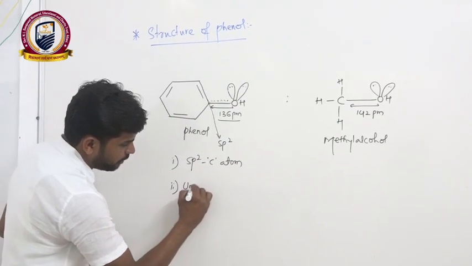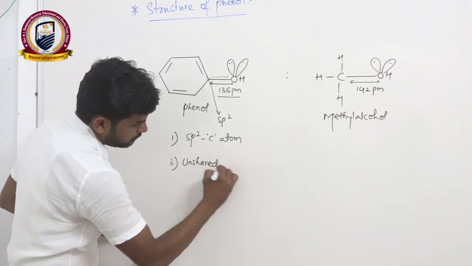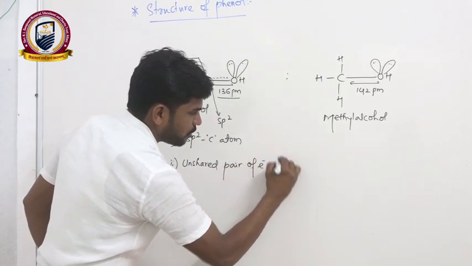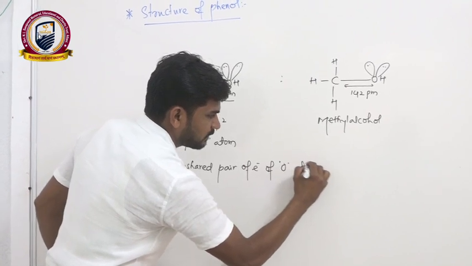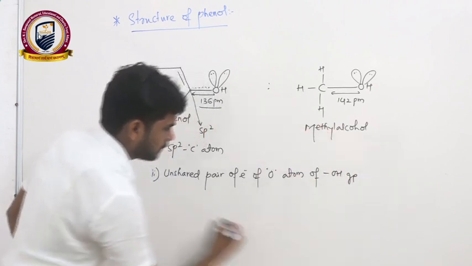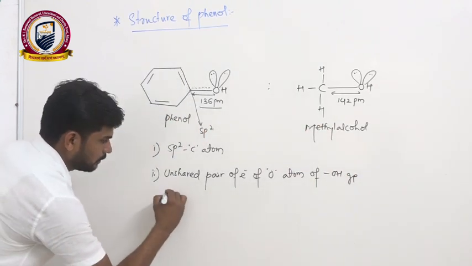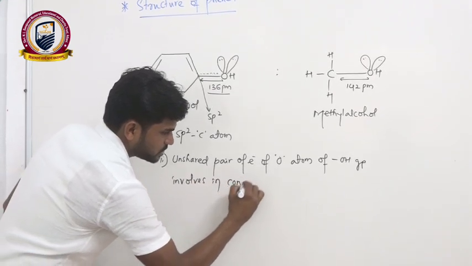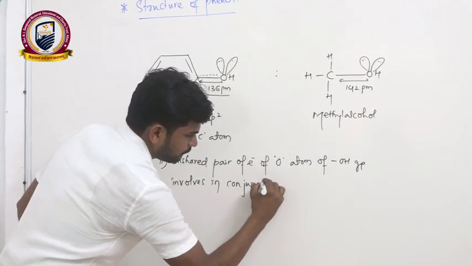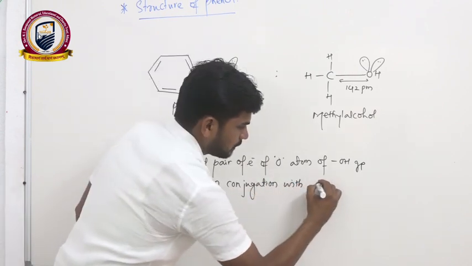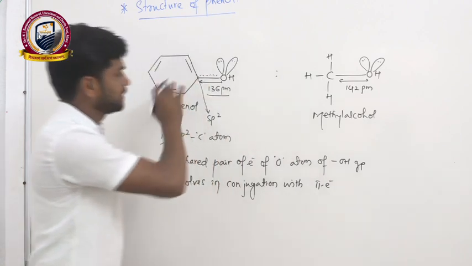And what is the second reason here? The unshared pair of electrons of the oxygen atom of the OH group is involved in conjugation with the pi electrons of the benzene ring.